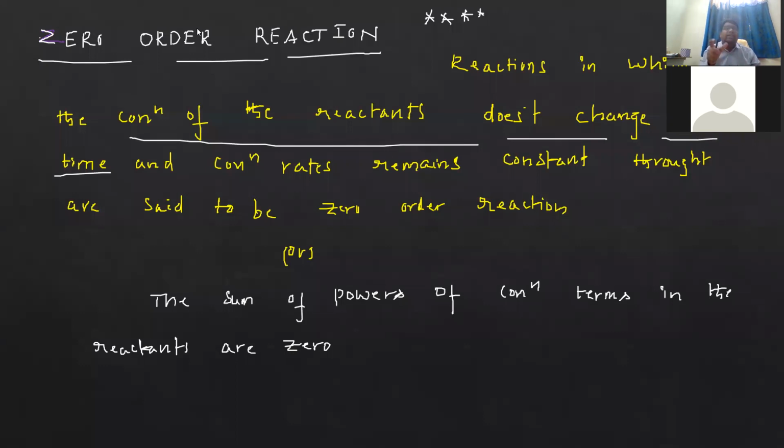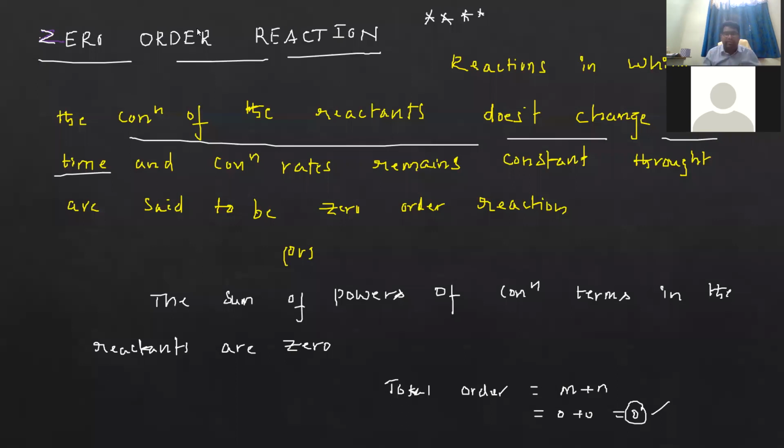The total order is M plus N; if M is 0 and N is 0, the total order is 0, which is a zero order reaction. This is the definition for 1 mark.